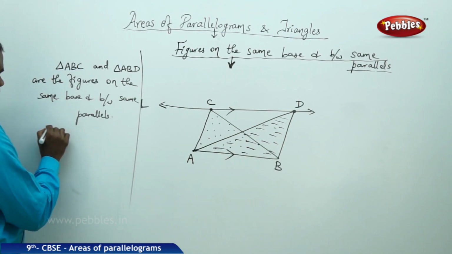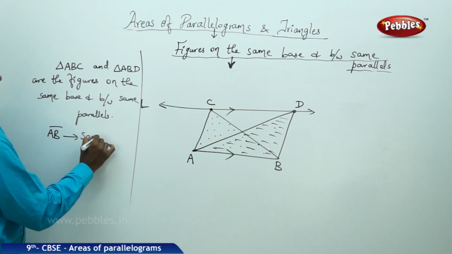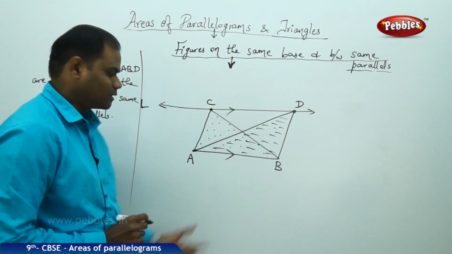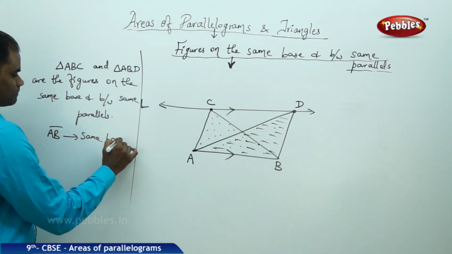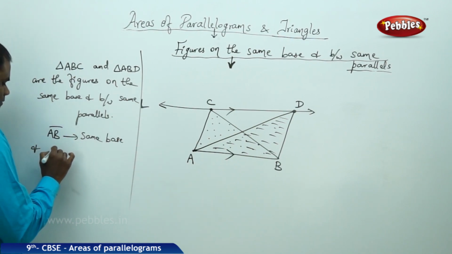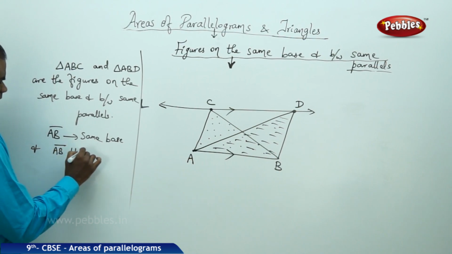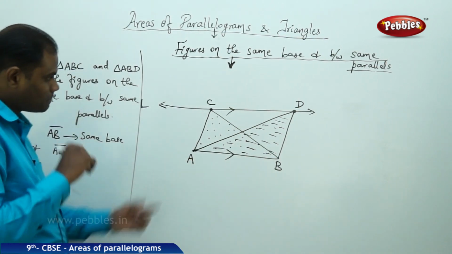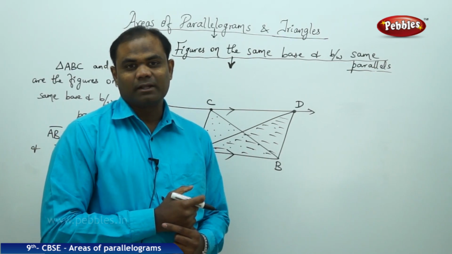Here AB, which is the same base for these two triangles, and the parallel lines are the base AB, which is parallel to the line L, is how we see the parallels.